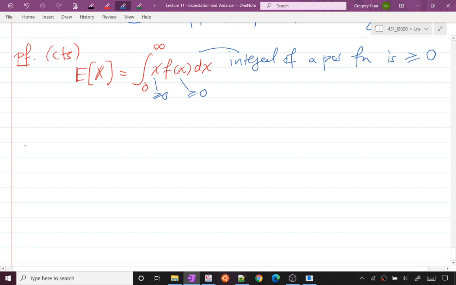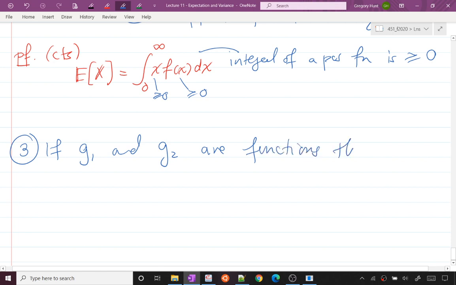And the third property we're going to write is a similar combination of the first two, which is that if g1 and g2 are functions, then two things hold.